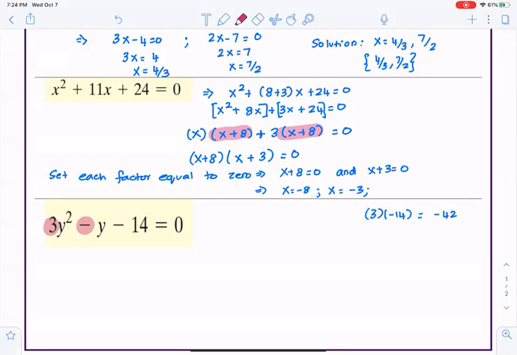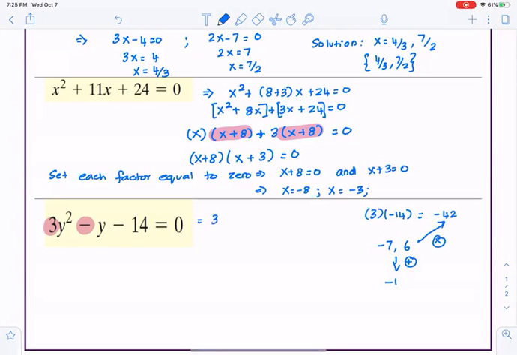Let's pick negative 7 and positive 6. If I multiply the two, I am going to get negative 42. If I add, I am going to get negative 1. Seems like I have my two numbers.